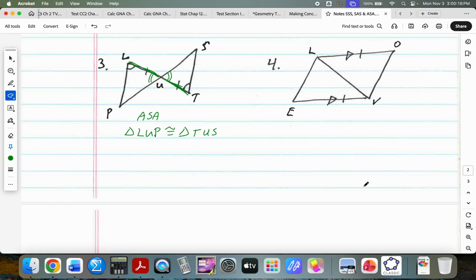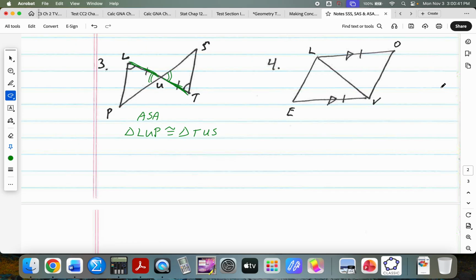This might be a long shot, it's okay, but since they have parallel lines, you would have an alternate interior angle. So which ones? The ones obviously inside. So name them.